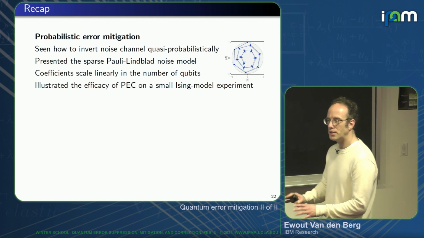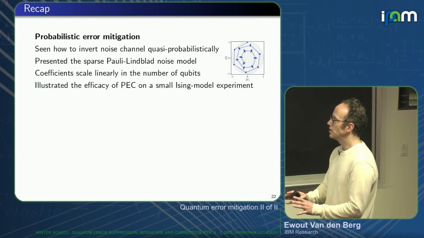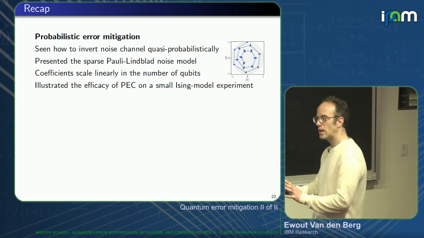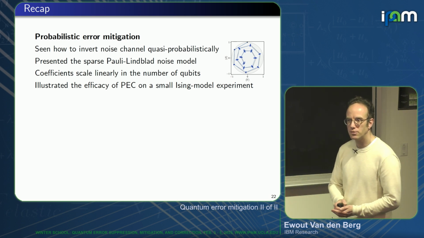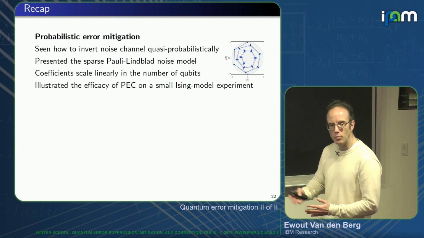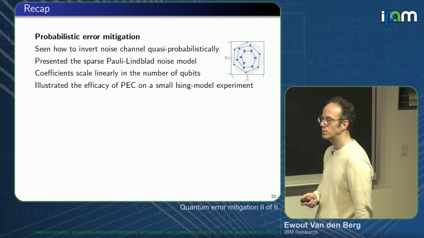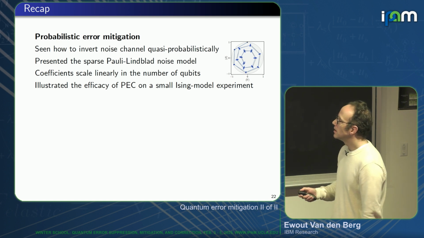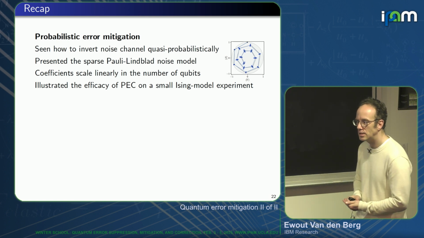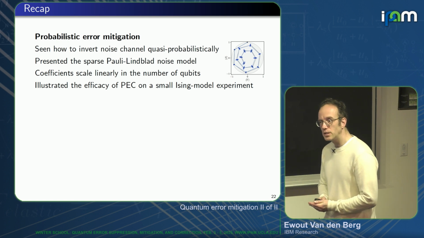Another way to look at it is if you want to represent certain noiseless gates as a linear combination of noisy gates, then you can apply the same quasi-probabilistic inversion to represent this. So we've seen how to invert the noise channel and presented this sparse Pauli-Lindblad noise model, which really seems to work really well.